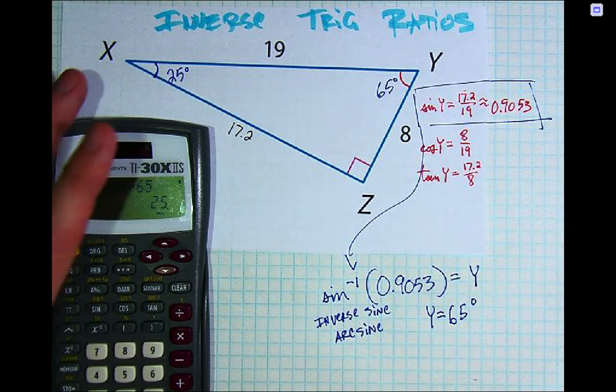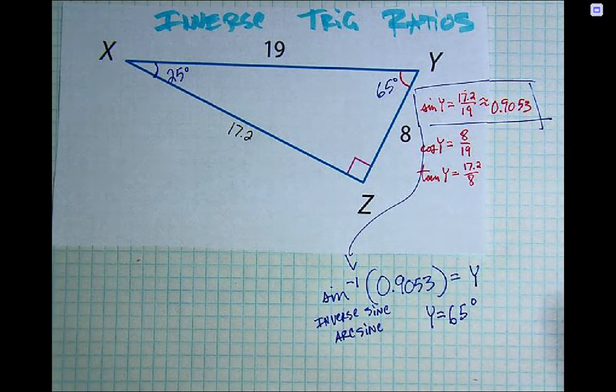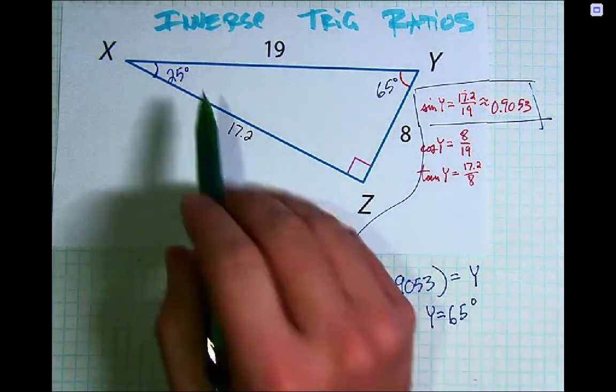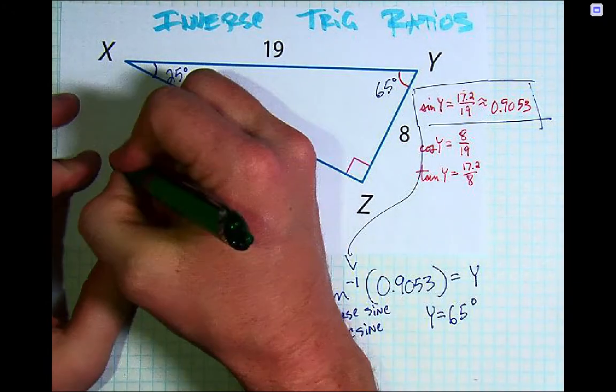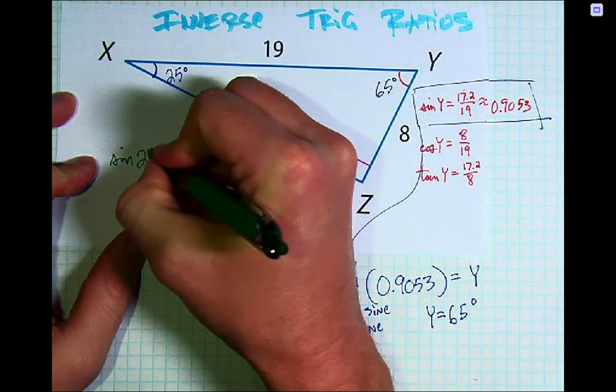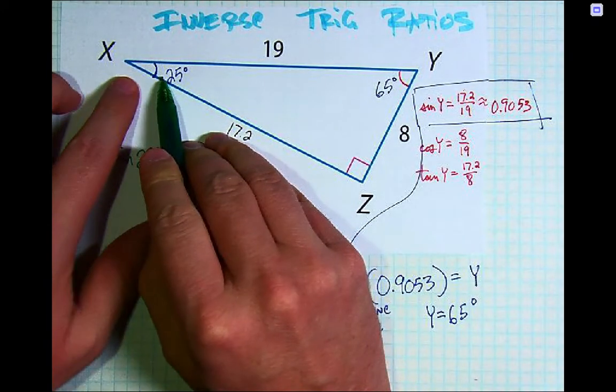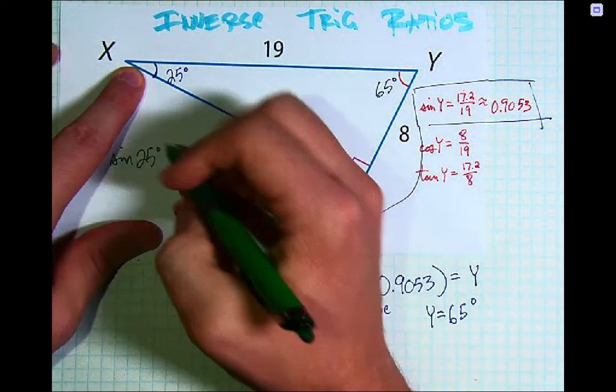Now, at this point, it's probably a good idea to check your work. How could I check my work here? Let's do something like this. Theoretically, the sine of 25 degrees would be what over what? Opposite over hypotenuse.